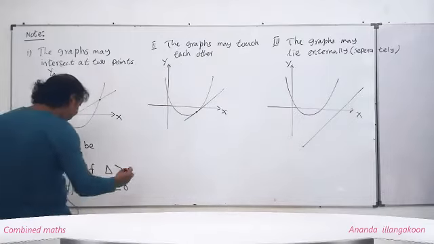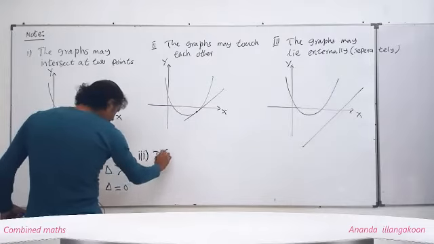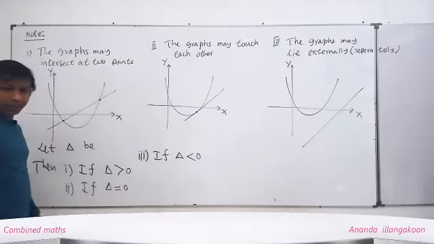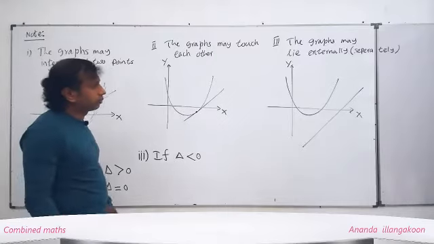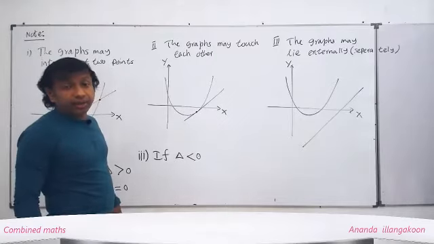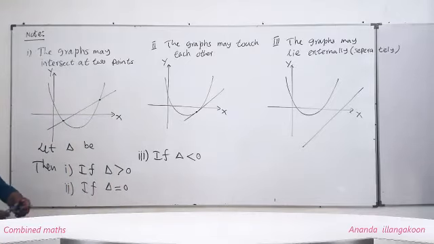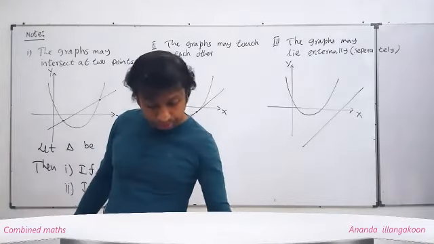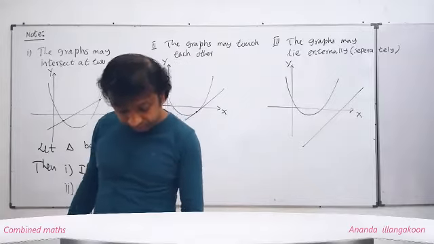Number 3, people, if delta is negative, the graph and the line lie separately.